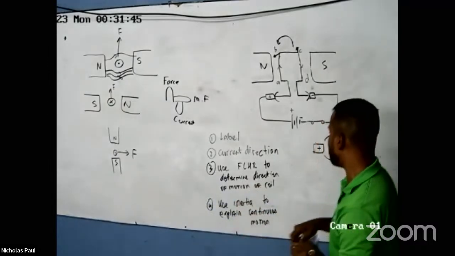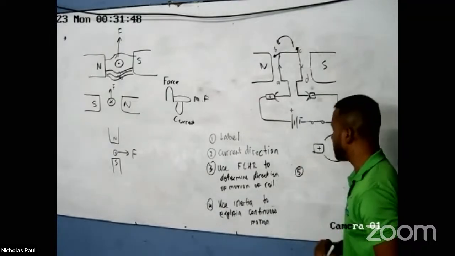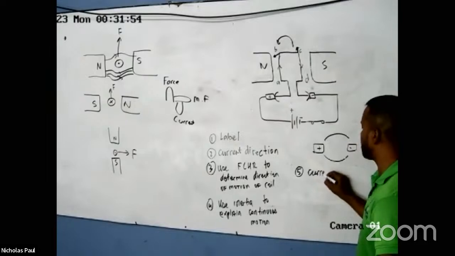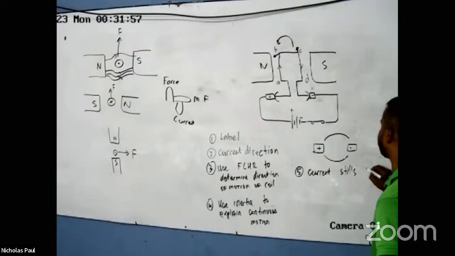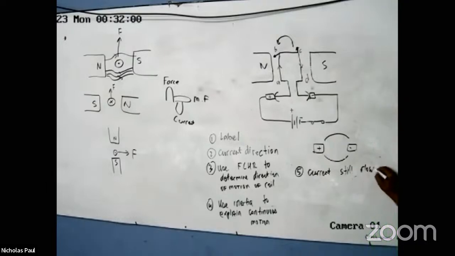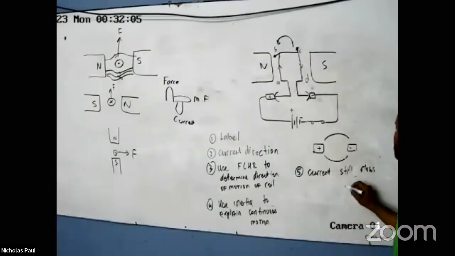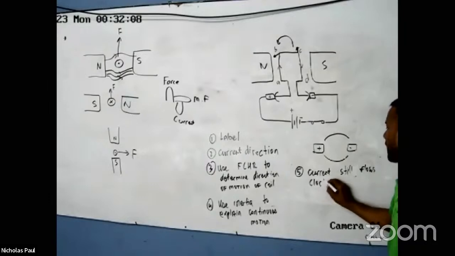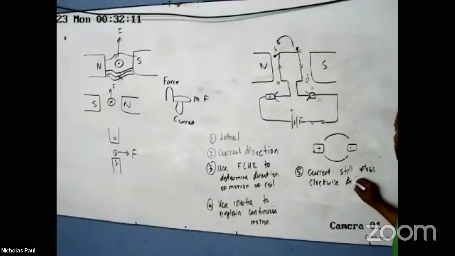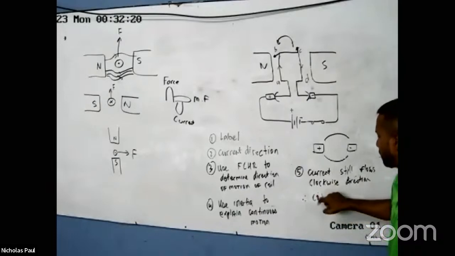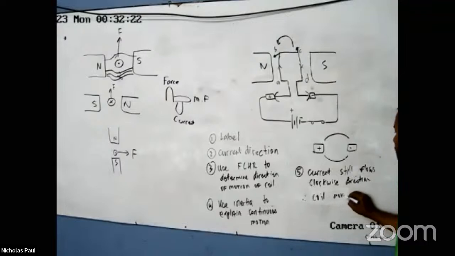And then in step 5, current still flows in a clockwise direction, so therefore the coil moves anti-clockwise again.